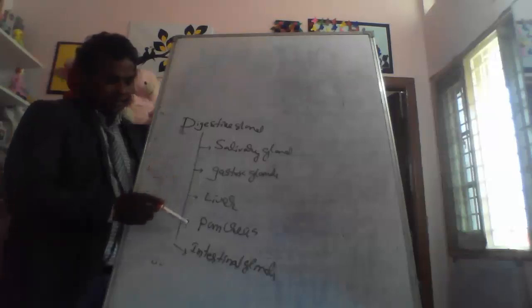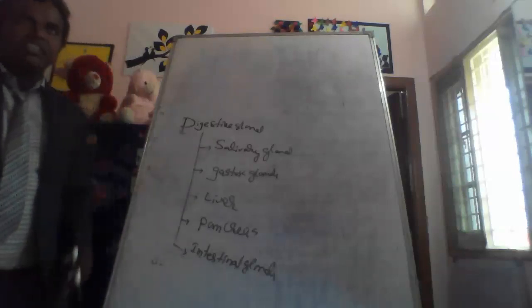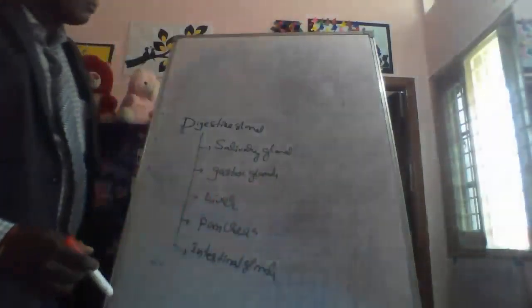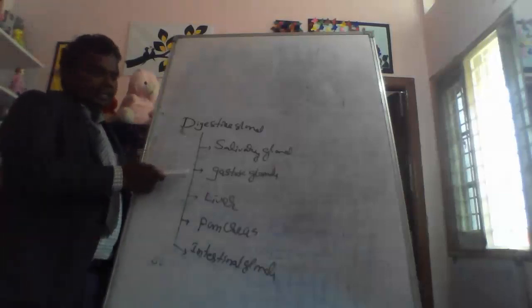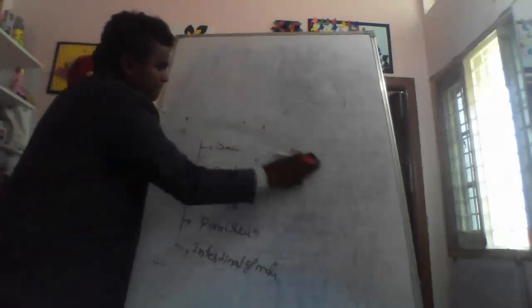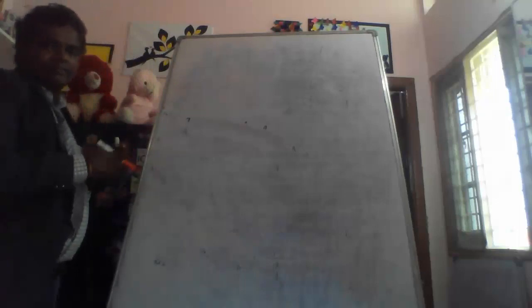Salivary gland, gastric gland, liver, pancreas, and intestinal glands. Yesterday we already completed the salivary glands and gastric glands. Now I would like to start the liver. Where is the liver present?